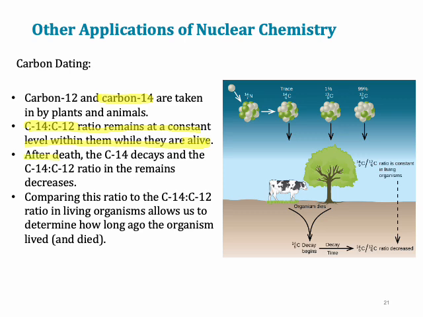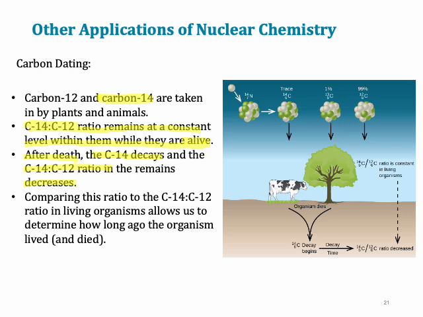But after death, the 14 starts to decay because it is radioactive, and because we are not eating food or taking in any carbon, we are not replenishing that carbon-14. The carbon-14 decays, but because 12 is not radioactive, the 12 stays the same. So the ratio between 14 and 12 starts to decrease after death.